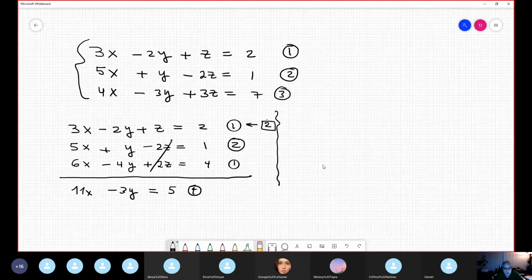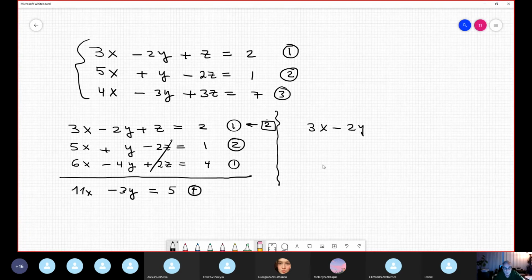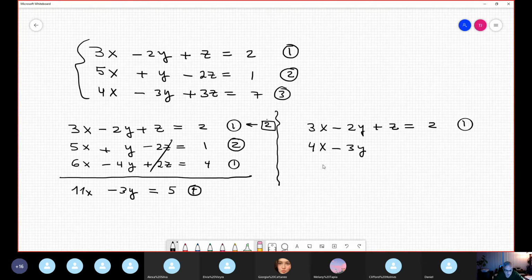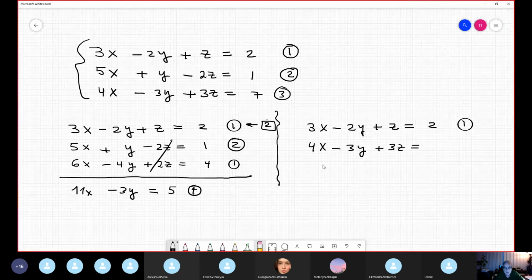I rewrite, recopy. 3x minus 2y plus z equal to 2, this is equation 1. And equation 3 is 4x minus 3y plus 3z equal 7. This is equation 3. Okay, I put it here.